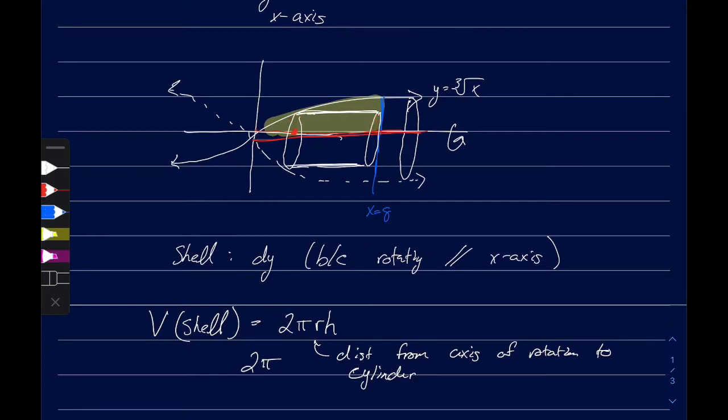So if we were to draw another cylinder, maybe in blue, we would have something more like this, where our radius would be the distance from this axis to the point on the cylinder. Okay, so what is that distance? Well, we're going from y equals 0 to y. So in our case, r is going to be y. So let's just go ahead and rewrite that in blue and white.